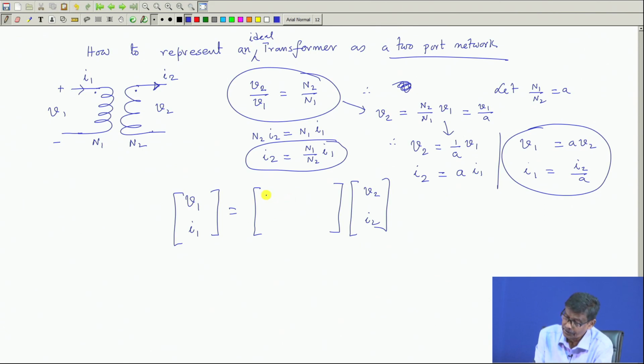So what will this be? V1 is equal to aV2, so a here, and it will be 0, no I2, and I1 is equal to I2 by a. So this is 0, this is 1 by a.